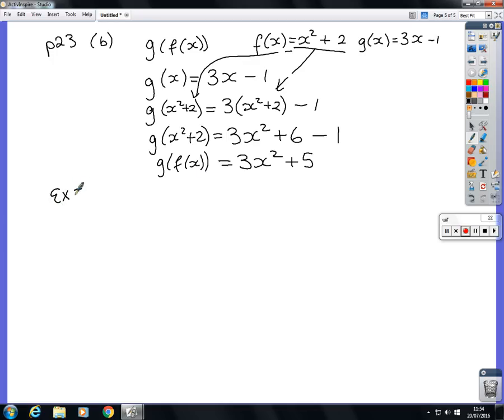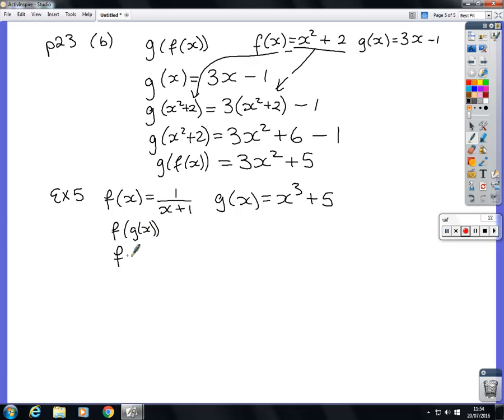Example 5. F of x equals 1 over x plus 1 and g of x equals x cubed plus 5. We're going to find f of g of x.